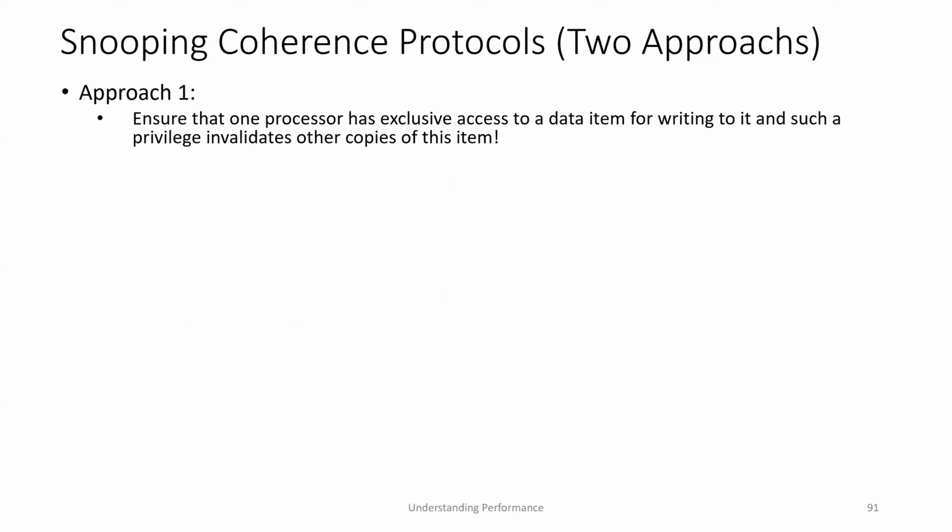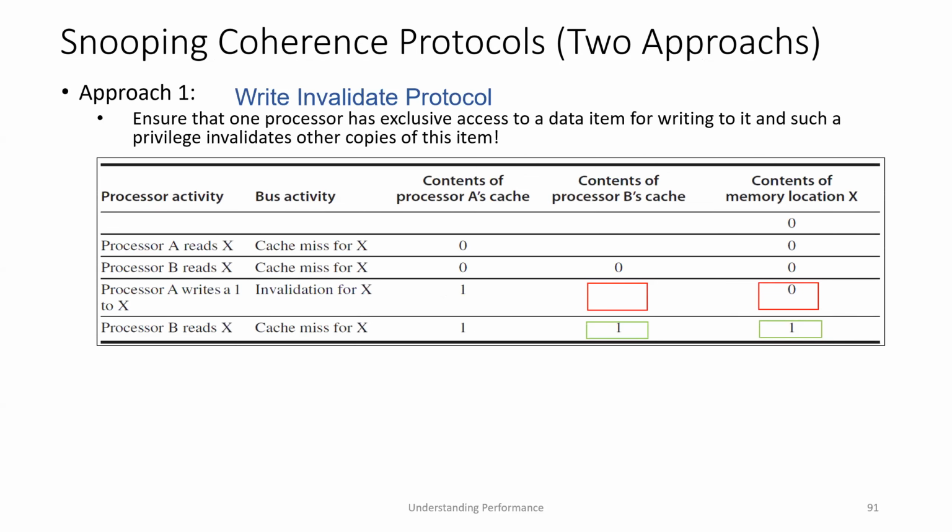In snooping itself, we can potentially have two approaches. Approach one is write invalidate, right? Let's quickly walk through that. Let's say processor A reads a location X, right?